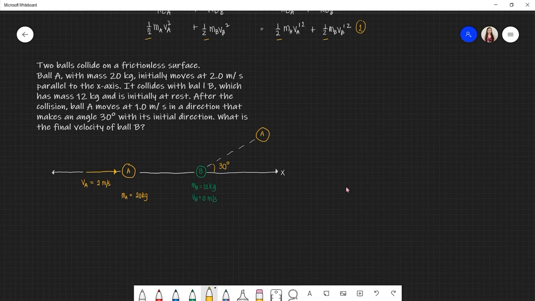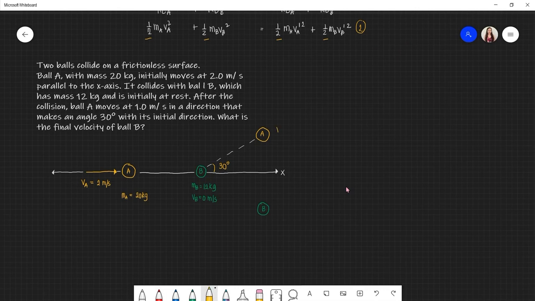So what is the final velocity of ball B? The meaning of the question here would be, what is the magnitude of the velocity or the speed of ball B and the direction. So let's make an assumption that ball B is here after the collision.